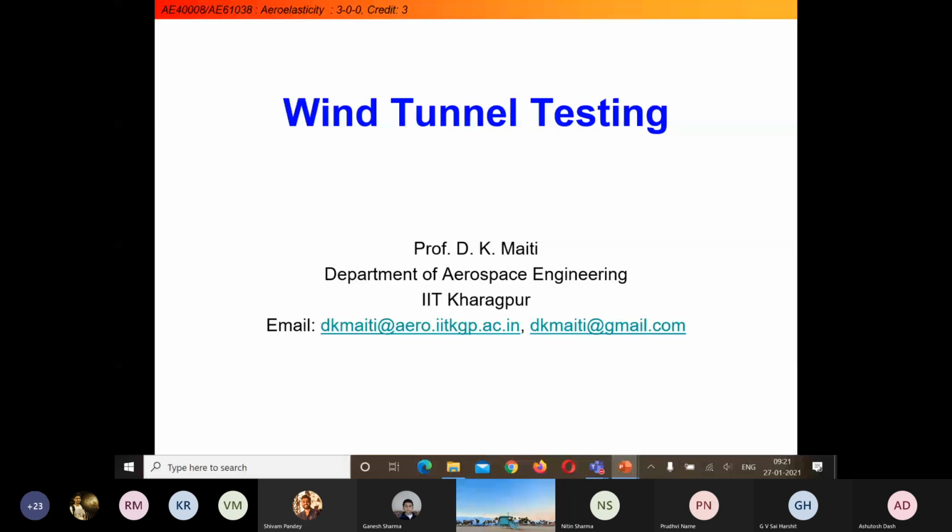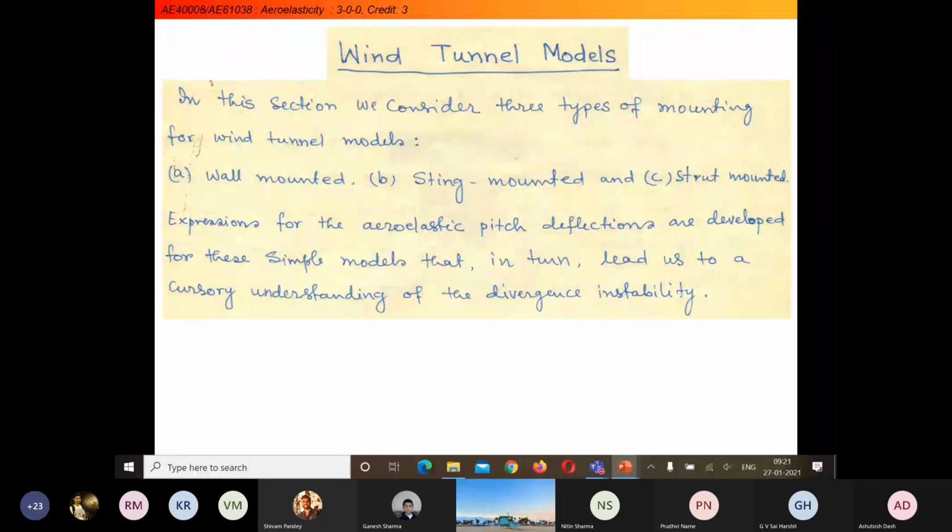We have to prove that in the wind tunnel with an experimental model, where we can take a simplified model of the full aircraft, either the wing part of the aircraft or the whole aircraft, and place it in the wind tunnel to record the data of pressure and also the response of the system.